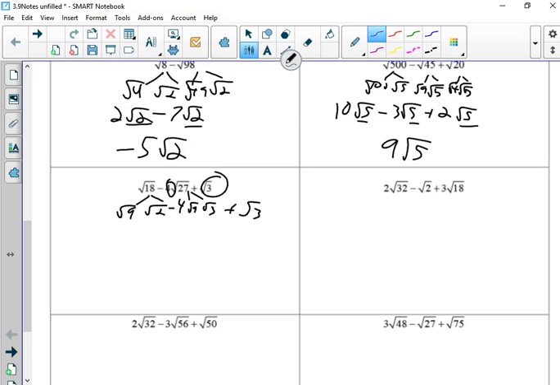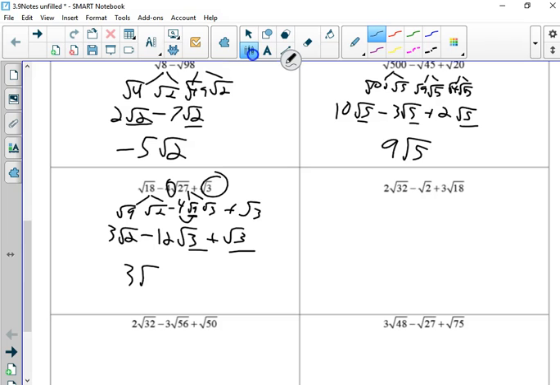Okay, well radical 9 is 3, so that's 3 radical 2. Minus, now you gotta be careful here. This is 3 times the 4 is 12, radical 3. Now can I put those two together? No, you cannot, because they're different terms. It's an x and a y. Apples and oranges. But I have this radical 3 down here, which I can join together.